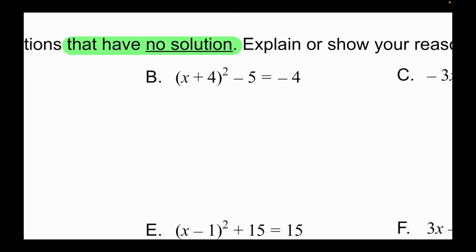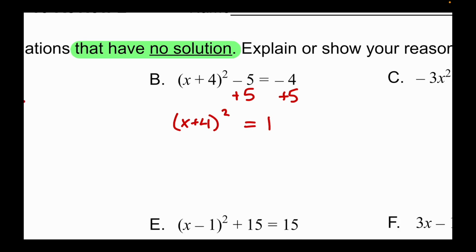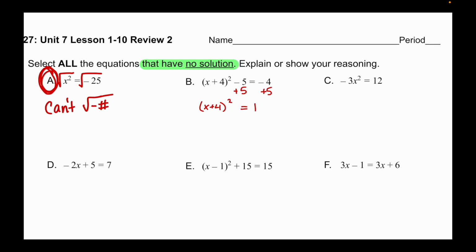For B over here, if we look at this one, you would add 5 to both sides. And this is actually going to be x plus 4 squared equal to 1. So we would be taking the square root of a positive there. So it's not going to end up as B.